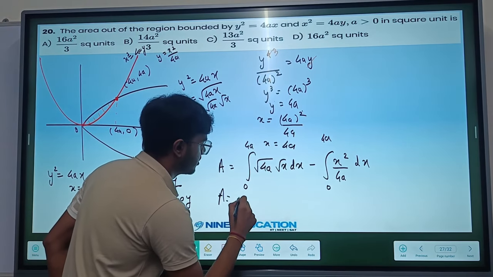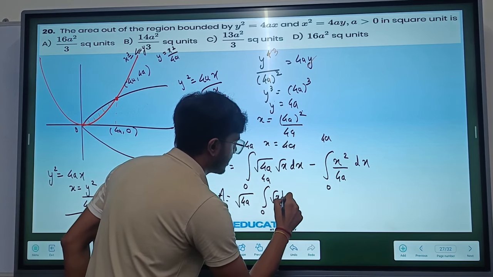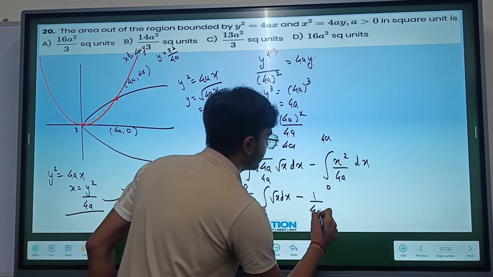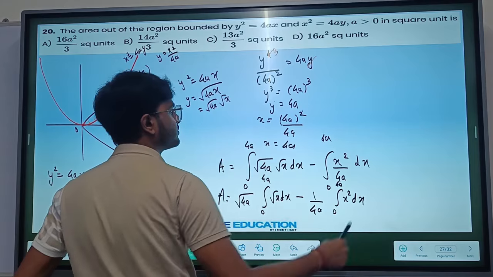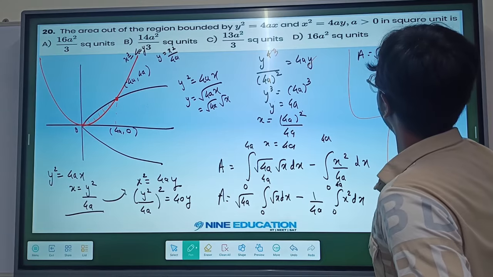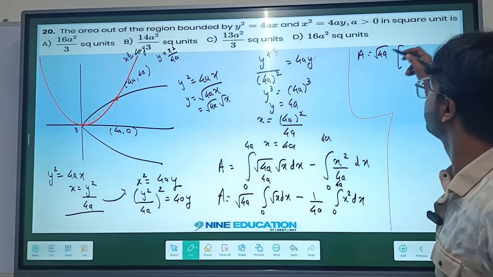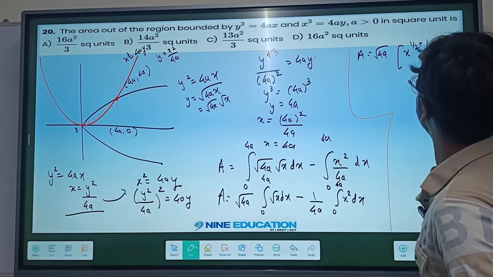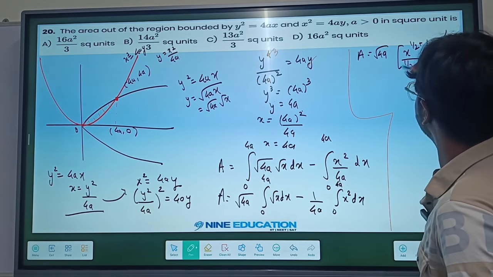So area would be equal to root 4a integral from 0 to 4a of root x dx, minus 1 by 4a integral from 0 to 4a of x square dx. So area would be root 4a times the integration of root x. We did it earlier: x power 1 by 2 integrates to x power 1 by 2 plus 1, divided by 1 by 2 plus 1, from 0 to 4a.